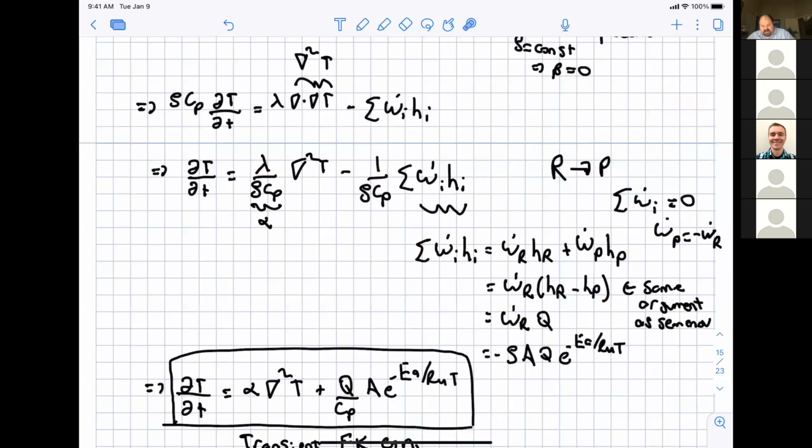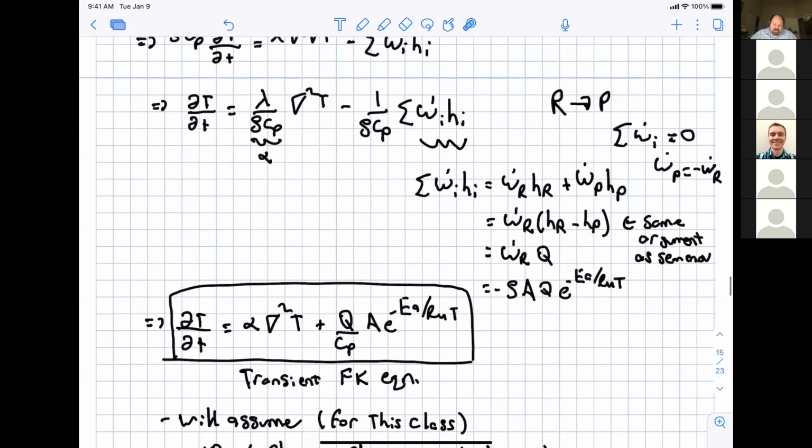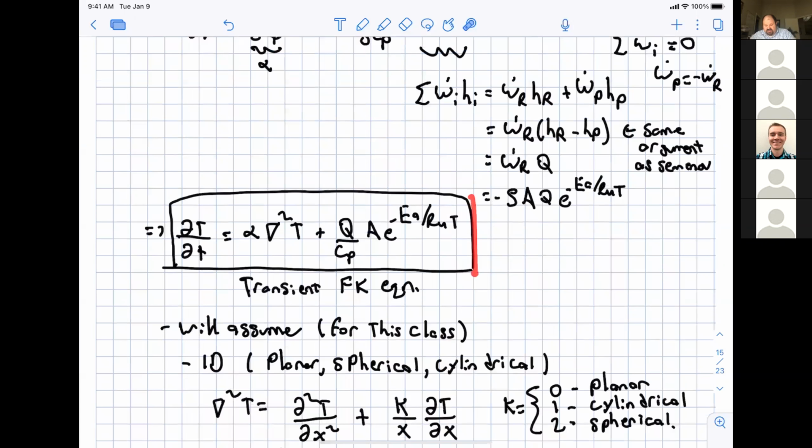And then our chemical heating term here is simply minus rho A times Q times e to the minus Ea over RuT. So same as it was for Semenov, with the exception that in front of it there is a 1 over rho Cp. So this rho here and this rho here cancel out. So our transient Frank-Kamenetskii equation is right here.